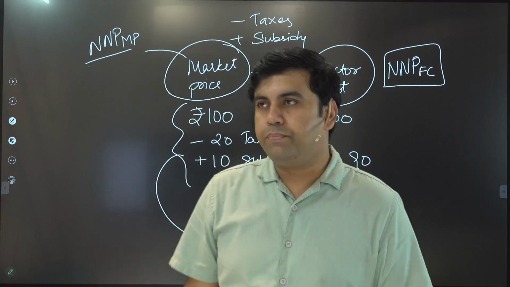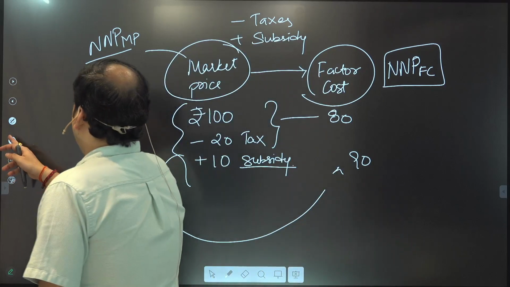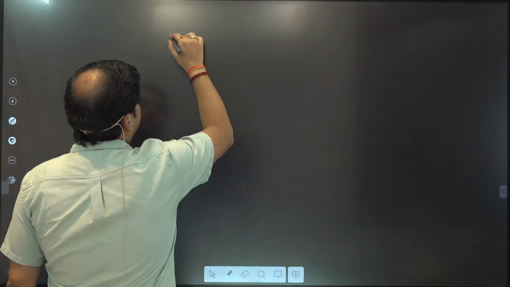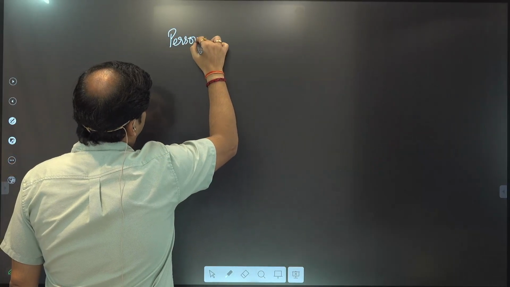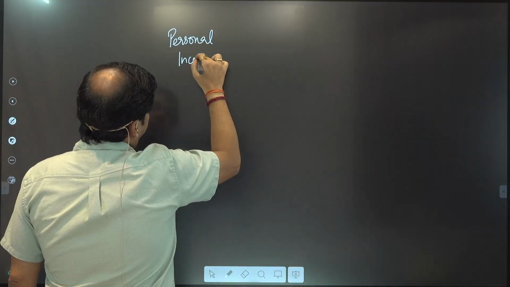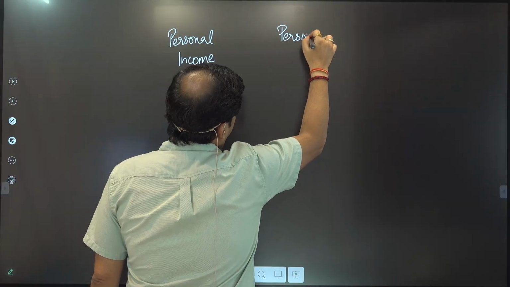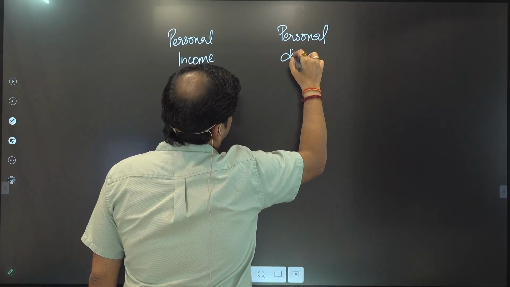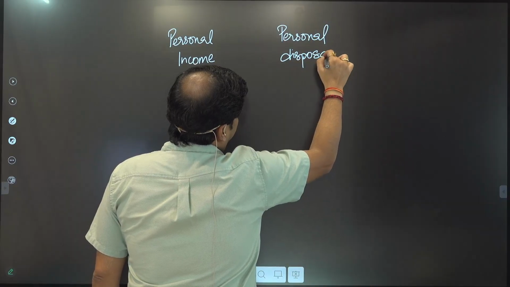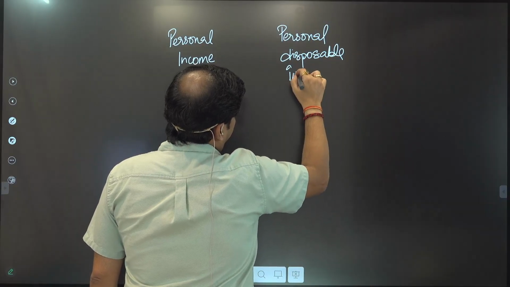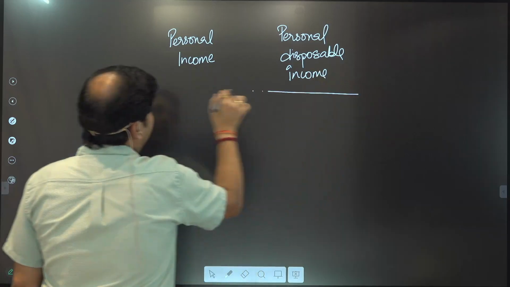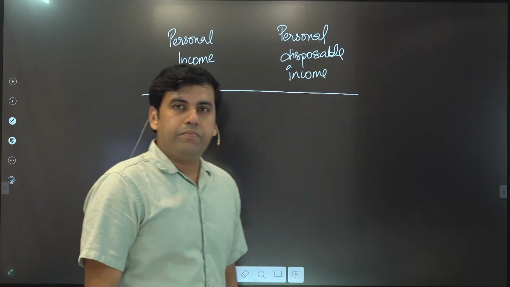Okay. Now two things. Personal income, and the second one is personal disposable income. I think from the name itself you can easily identify.